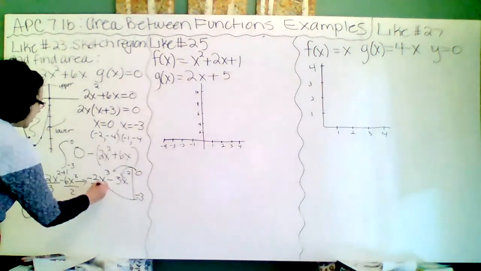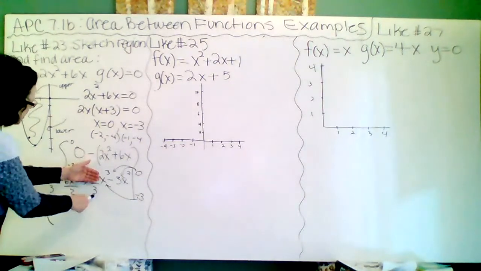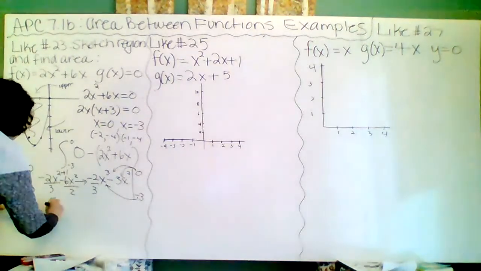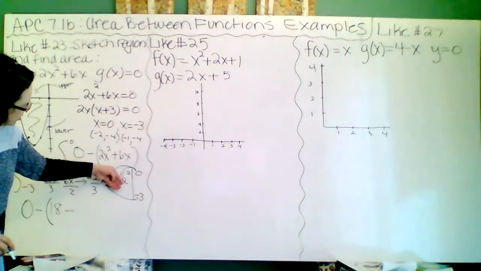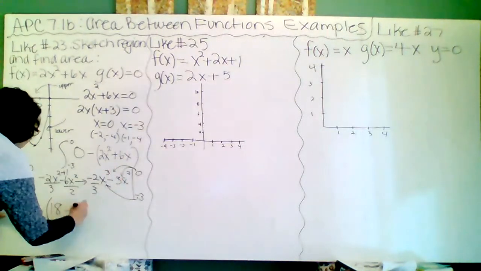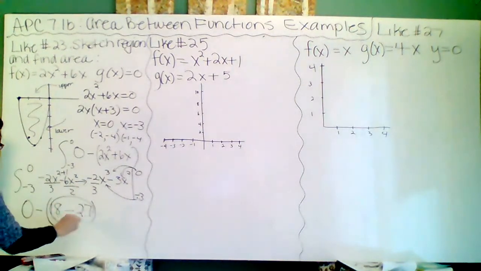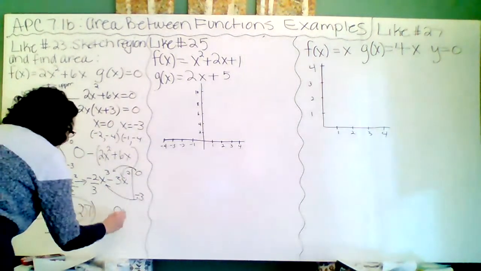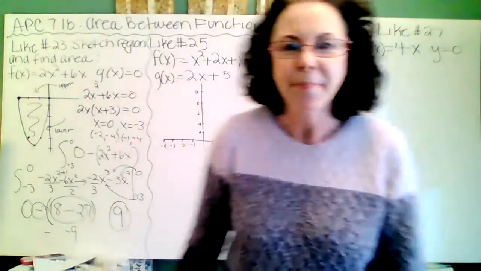When I put in a negative 3, that's a negative 27 divided by 3, that's a negative 9 times a negative 2, that's an 18, minus, 9 times a negative 3 is a negative 27. So on the inside here, I get a negative 9, I have the negative of it right here, and I get a positive area. Again, upper minus lower, that's always going to happen.